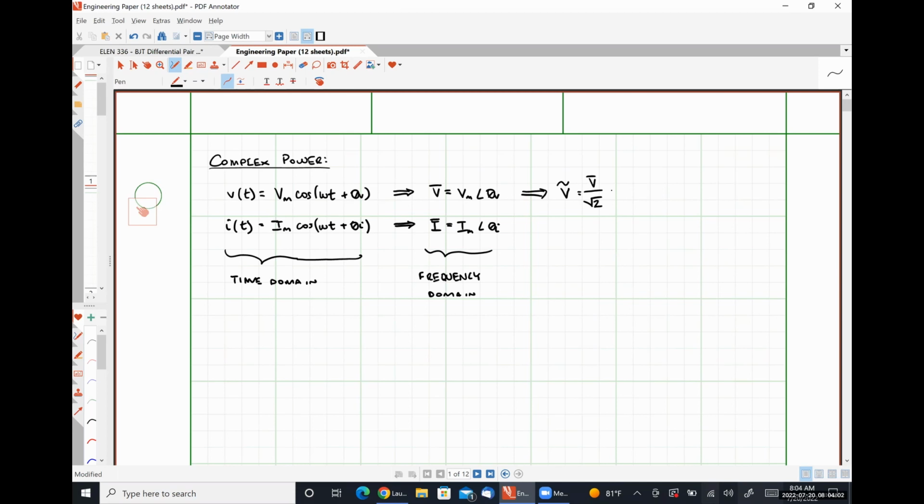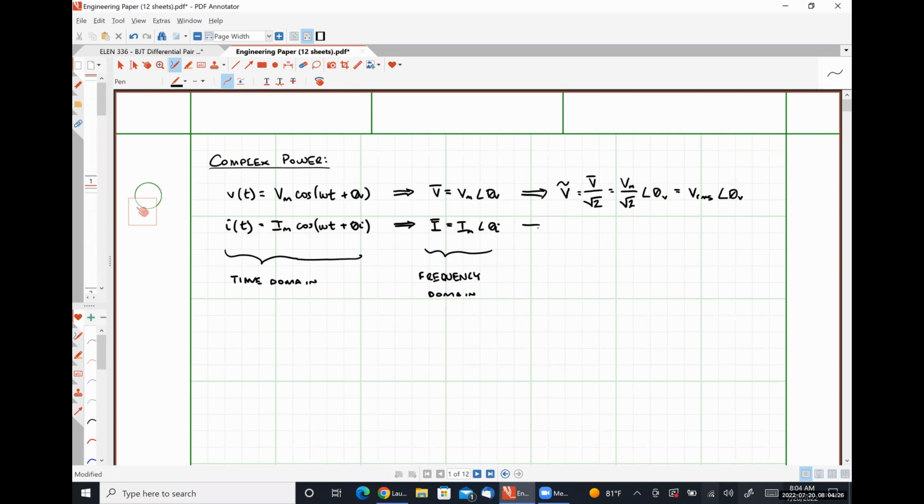So this is going to look like Vm over root 2 with an angle of theta V, or V RMS with an angle of theta V.